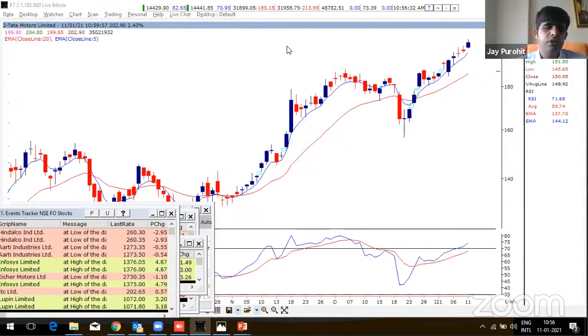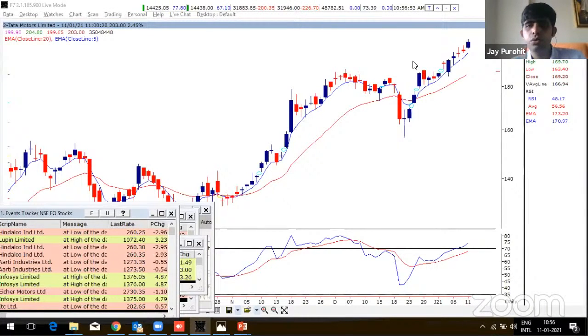To conclude today's session, I just want to say that please do not preempt the top in the current market. The market is in a very strong bull run, and wait for a strong reversal sign before considering any short selling opportunities. This is not the market to short, and in fact look for buying opportunities on the dip.